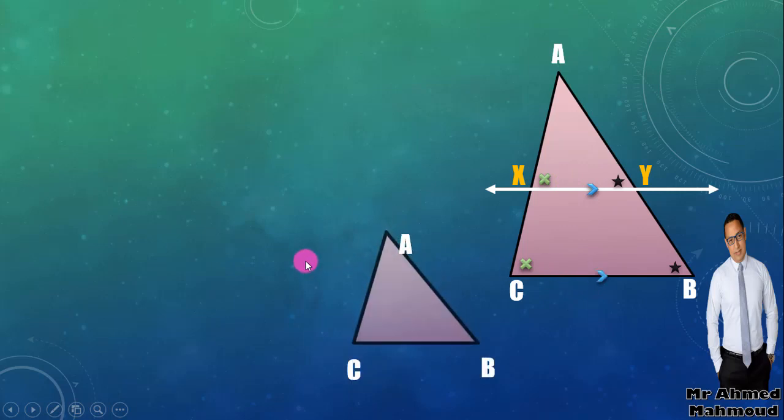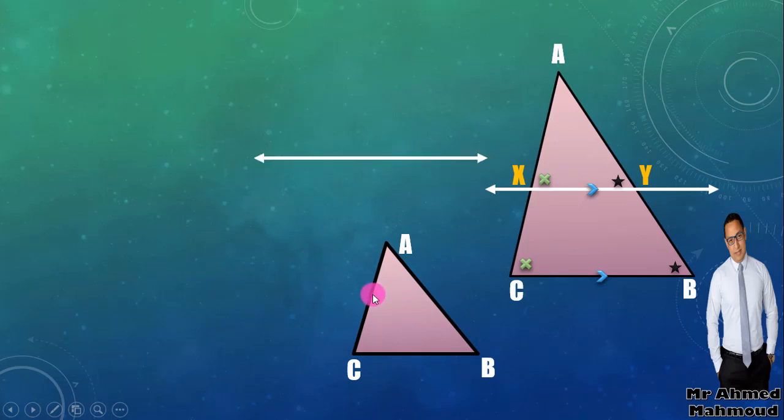Another case: if we have a triangle like this, and I draw a straight line parallel to the base like this, and I extend BA and CA outside the triangle, then I get another triangle. Don't forget that XY is parallel to BC.